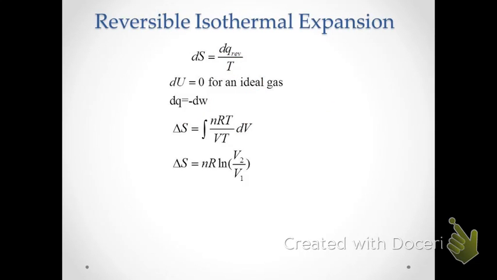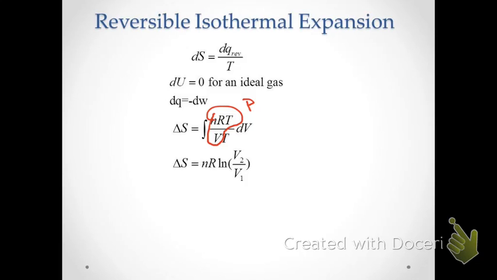So we end up with delta S being equal to nRT over V dV over T. Now again, just to remind you that this nRT over V is equal to pressure, and so we have again pressure dV divided by T as indicated by the definition of entropy.